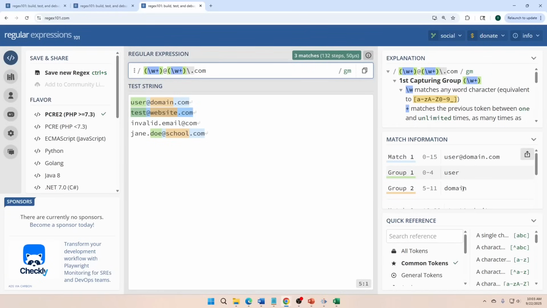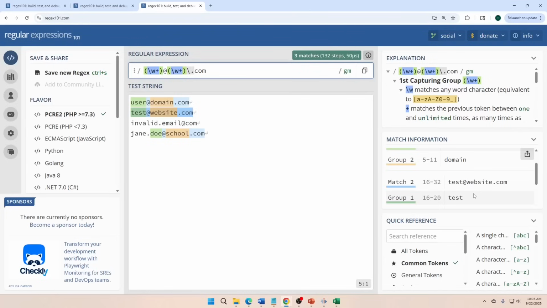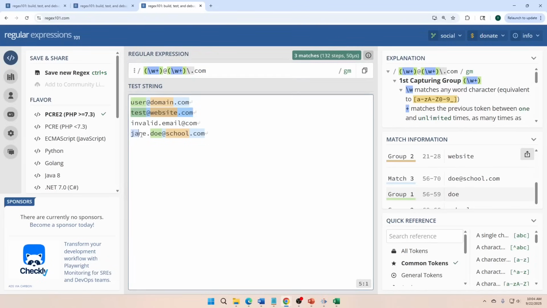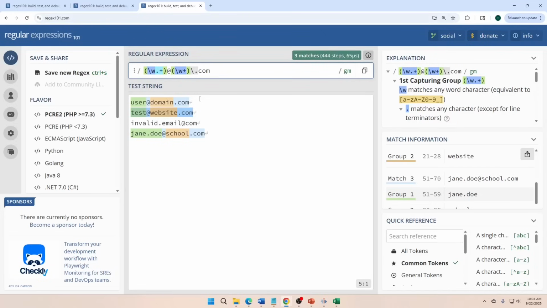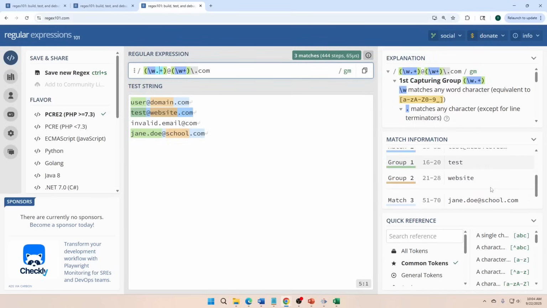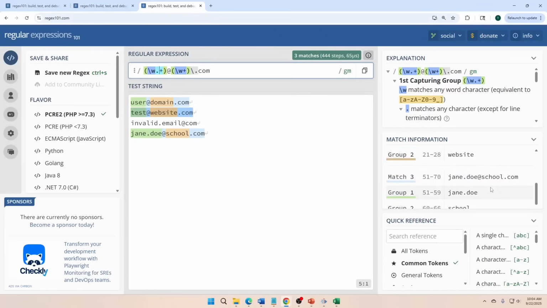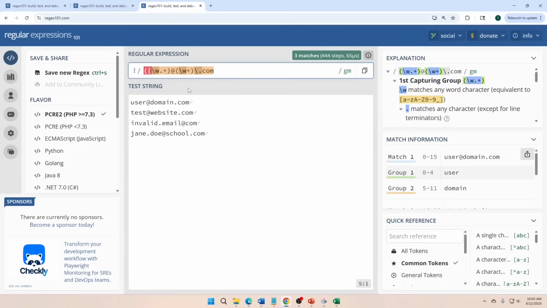We captured user and domain. This worked on test, website, but it did not work for Jane.doe, because in reality, we would want Jane.doe as our group. So what are some ways that we could have done that? We could just put a period right there, and that would now capture Jane.doe as well. We can also take a bracket and wrap it around.